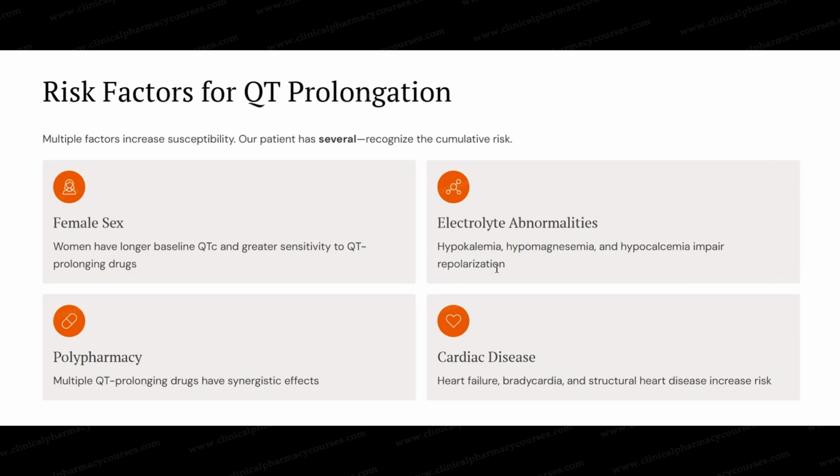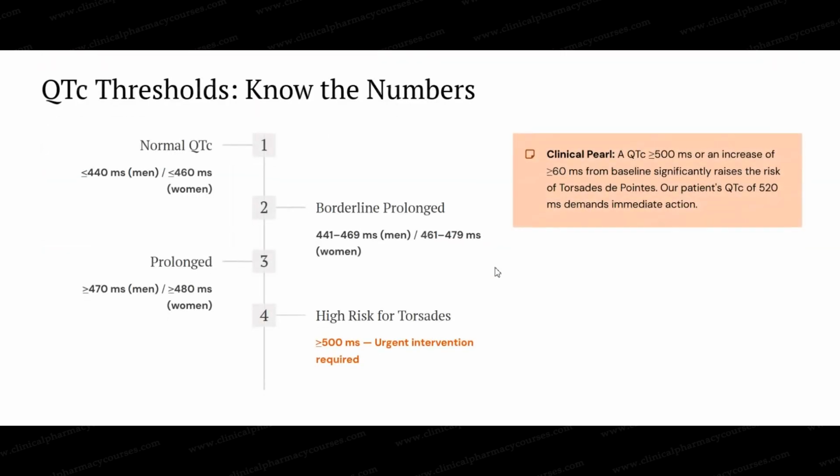Taking multiple QT prolonging medications at the same time can cause a synergistic, additive effect on QT prolongation and is, of course, discouraged. Underlying cardiac conditions such as heart failure, bradycardia, and structural heart disease all together increase the risk of QT prolongation. So there are multiple risk factors that you gotta keep an eye on as it comes to QT prolongation.